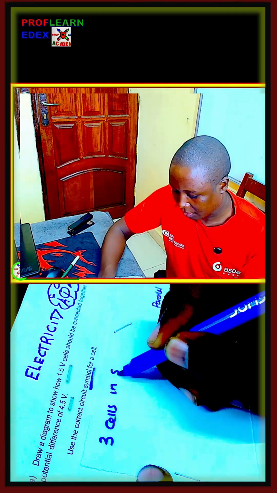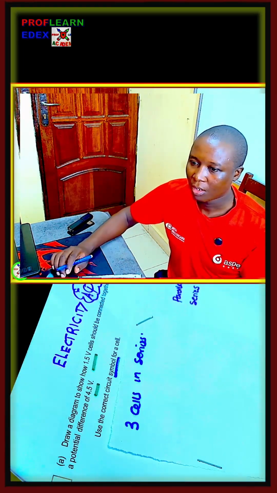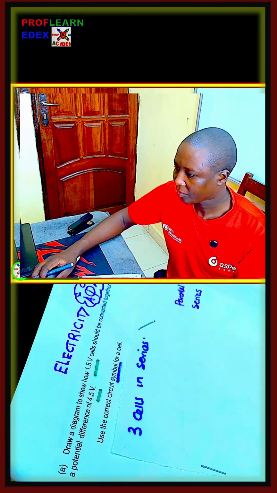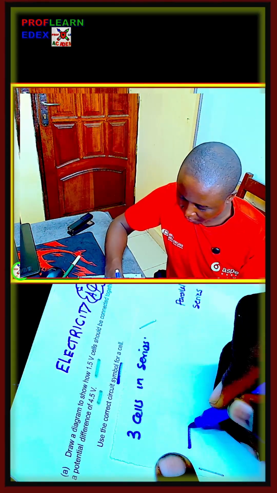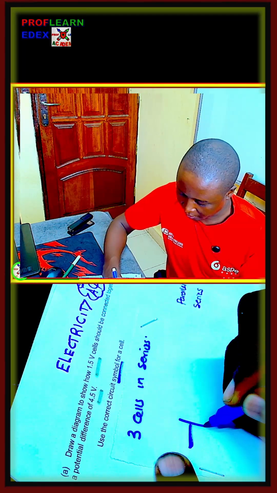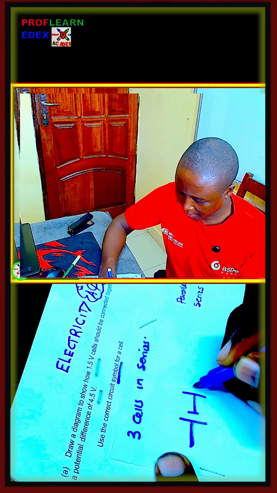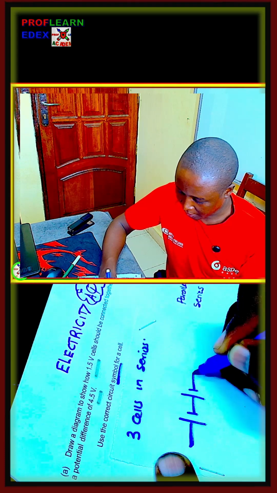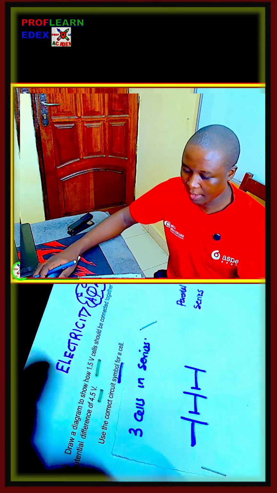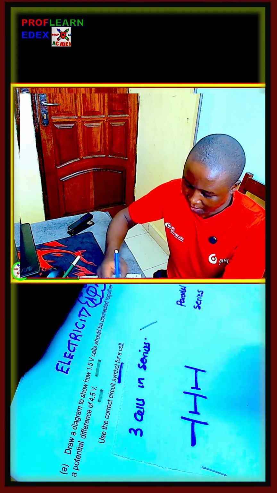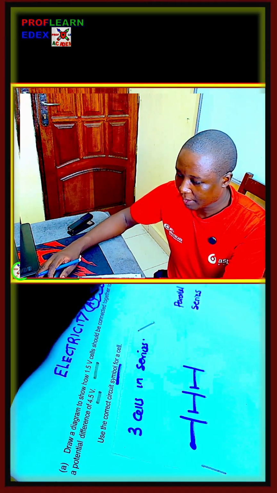in series. So this is all in the connection. If you have a cell connected like that, we shall have another cell connected like that, and another cell connected like that. So we end up having the 3 cells connected in that manner.